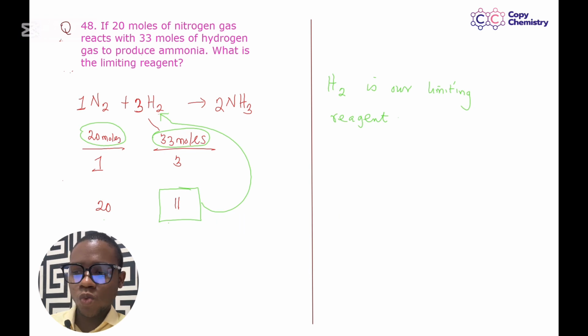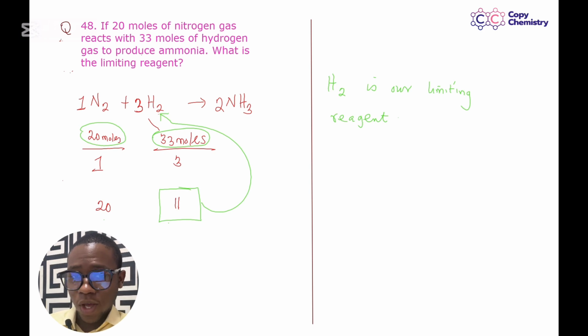All right, so this is one quick way to find your limiting reagent. You could also look at it from the nitrogen perspective, try to figure out how many moles of nitrogen should react with all of the hydrogen, and also how many moles of hydrogen should react with all of the nitrogen.